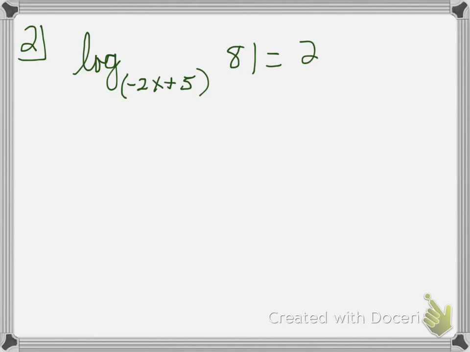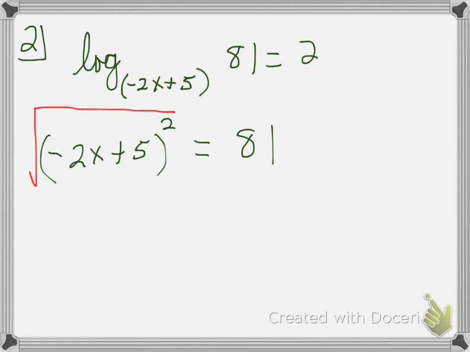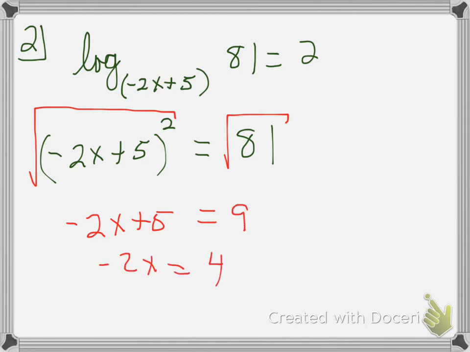So what we have is the base, negative 2x plus 5, squared equals 81. We can take the square root of each side, and that would give us negative 2x plus 5 equals 9. Negative 2x then would equal 4, so x equals negative 2.